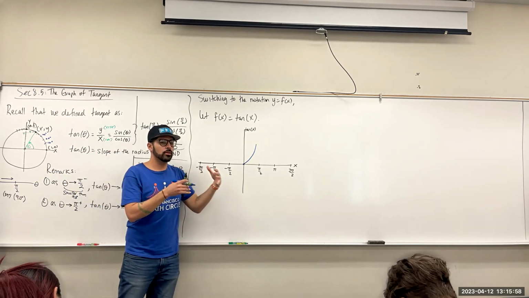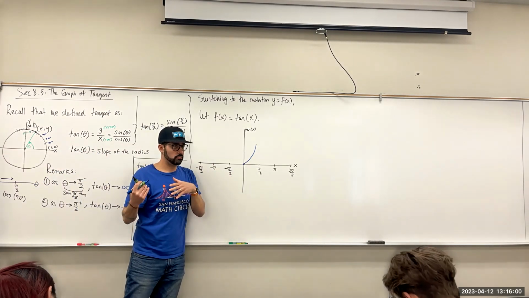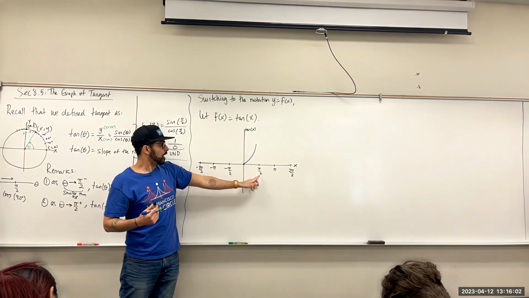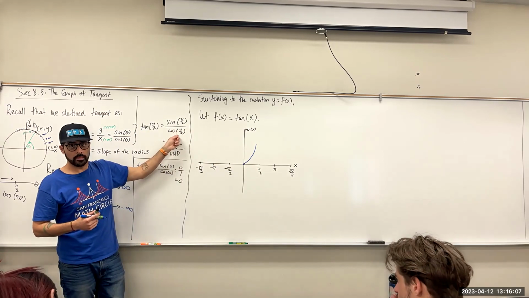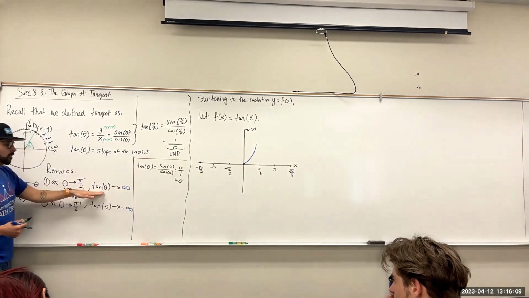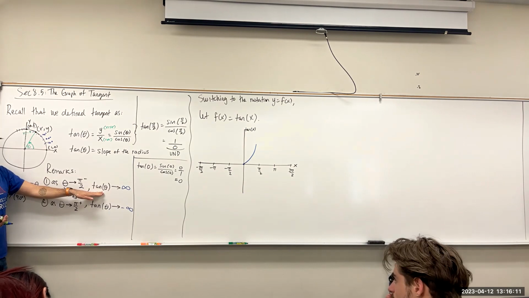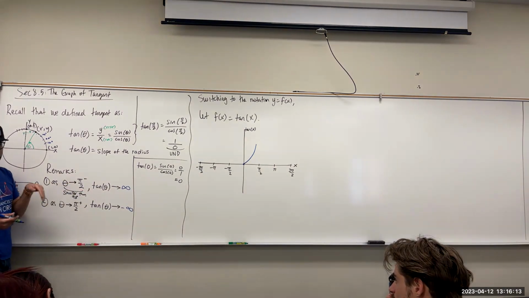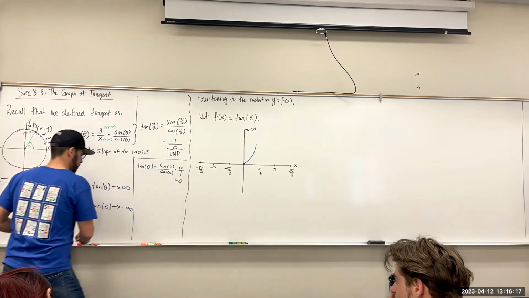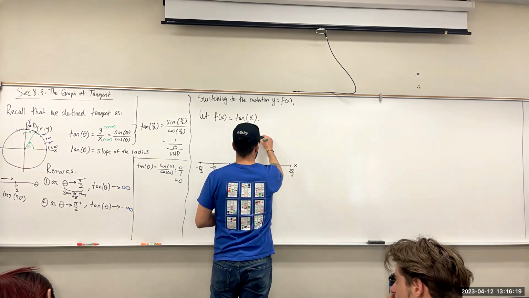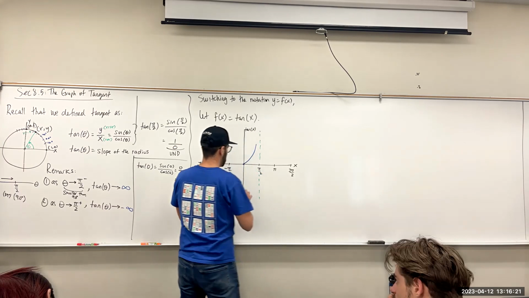So it's going to be kind of like what we learned for rational functions. This value is not in the domain because it makes the bottom 0. And because of this behavior, what do we end up having at pi over 2? We're going to end up having an asymptote, like you guys did for rational functions. We end up with an asymptote right here.